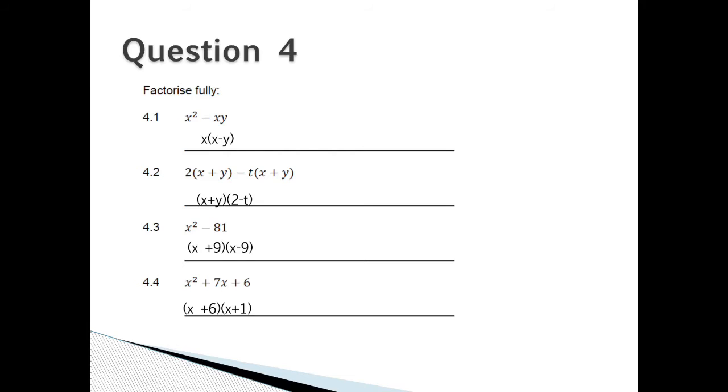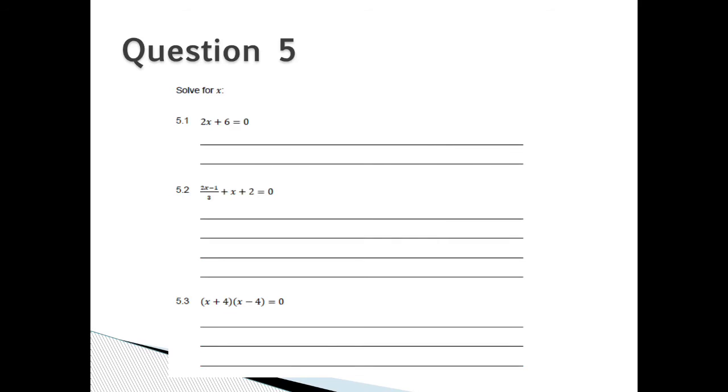It will give you (x plus 9)(x minus 9). In 4.4, you have x squared plus 7x plus 6, which will give you (x plus 6)(x plus 1). Remember, 6 plus 1 gives you the 7, and 6 times 1 gives you the 6.